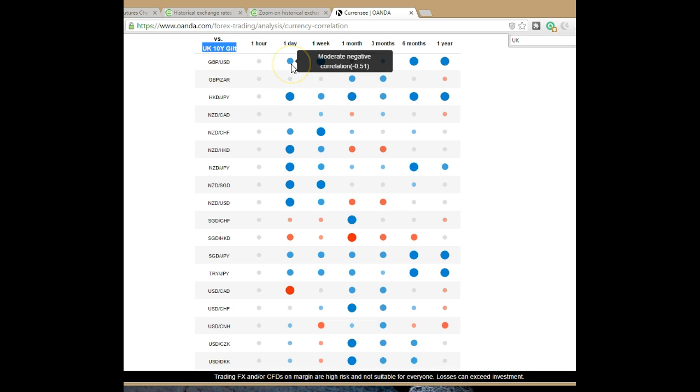Okay, 1 day is moderate negative, so moderate inverse correlation. 1 week, very strong, nearly 1, 0.94. 6 months, again quite strong, and 1 year, quite strong as well. So basically on a weekly, 6 monthly, and yearly basis, there's a very strong correlation. So over time, okay. Obviously on the hour or monthly, maybe not so much.